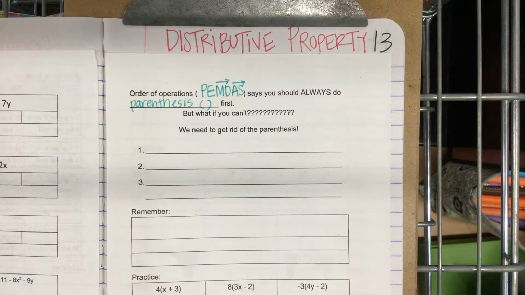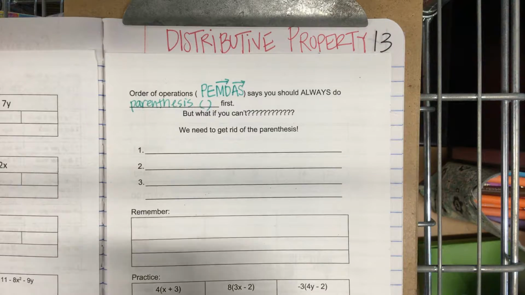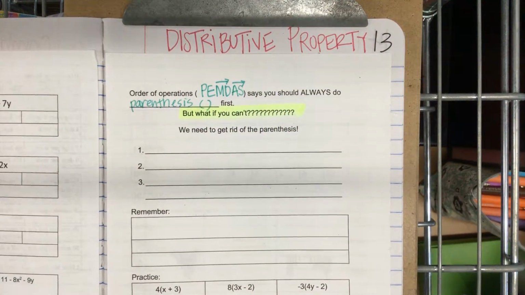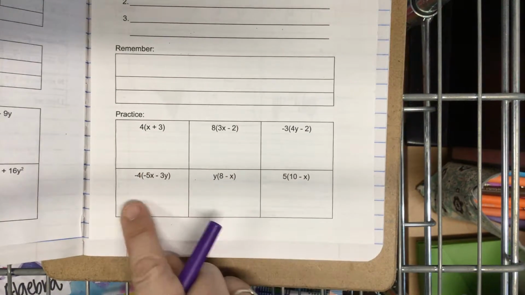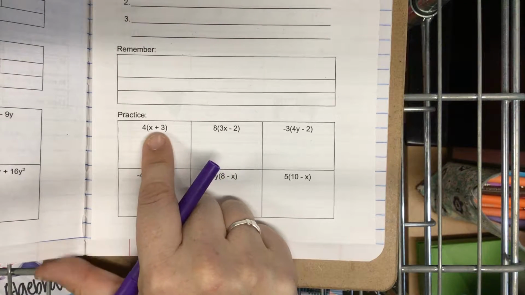But here's my question, what if you can't? What if you can't do your parentheses first? I mean, we have to get rid of them. Look down here. Here are some problems with parentheses in them. But I cannot do x plus 3 because I don't know what x is.